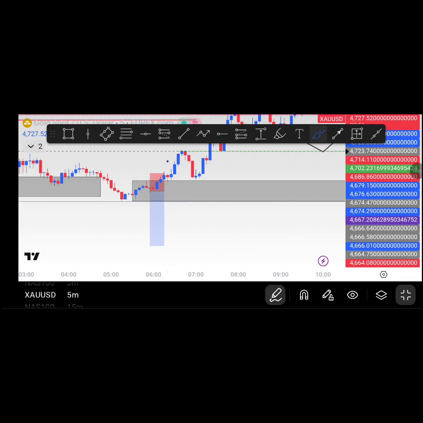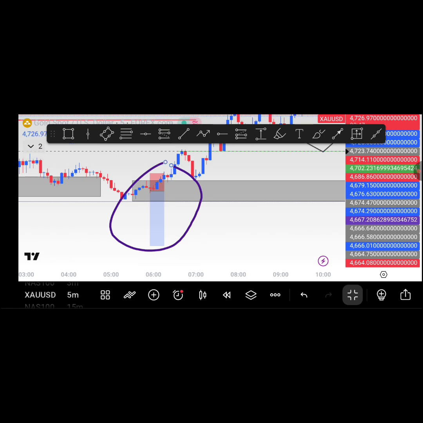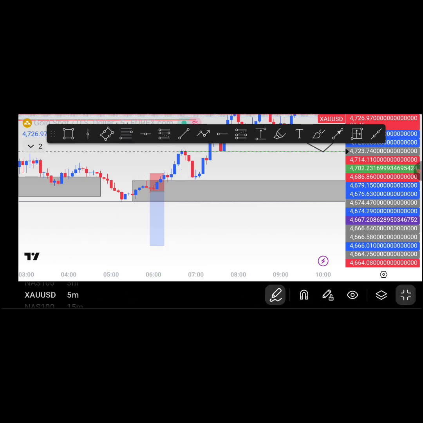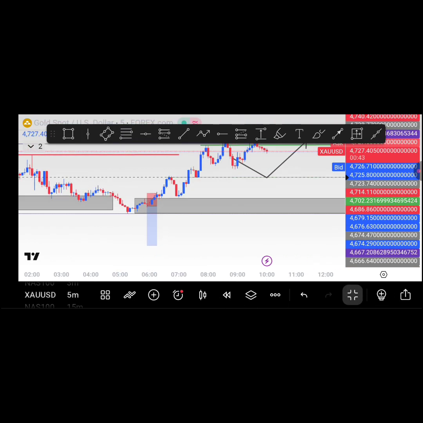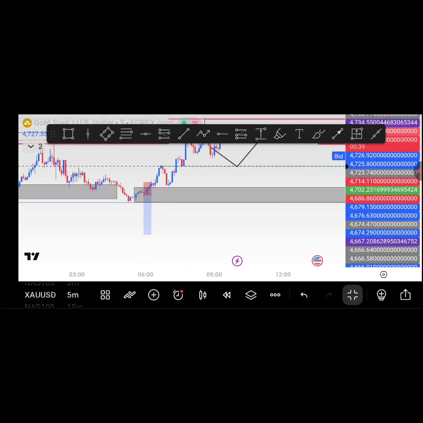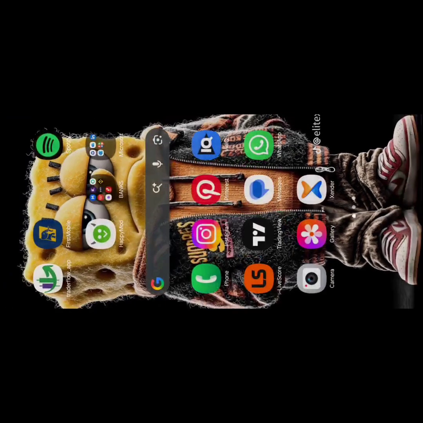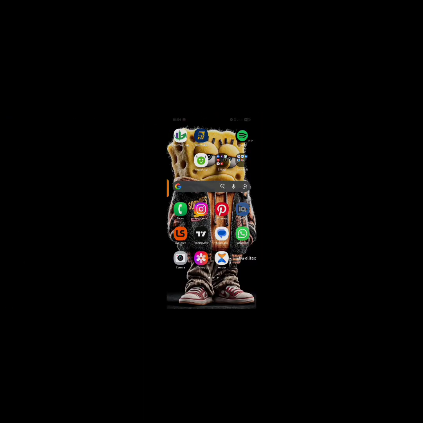So I've taken 2 trades this week and they're both losses. We keep pushing. I'm still looking for entry.